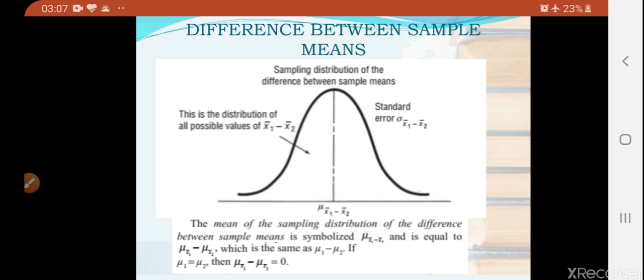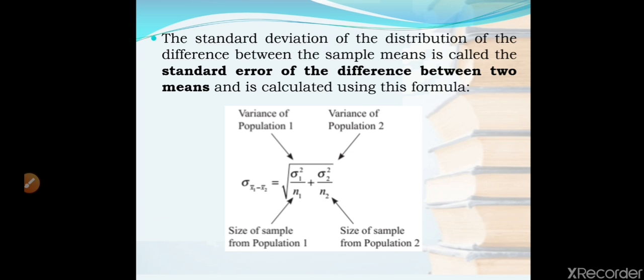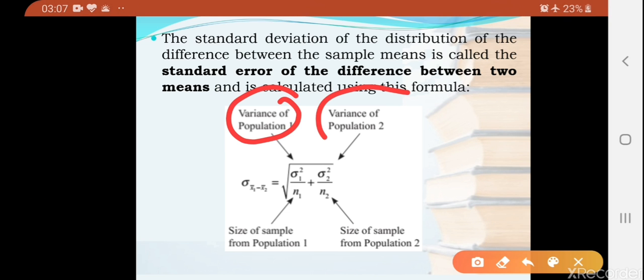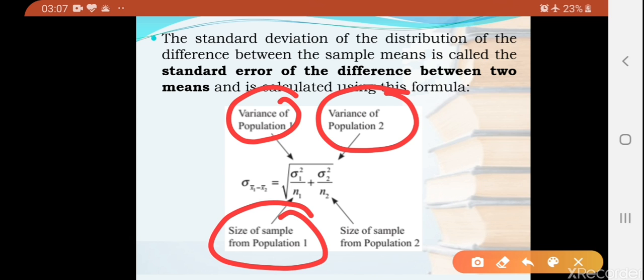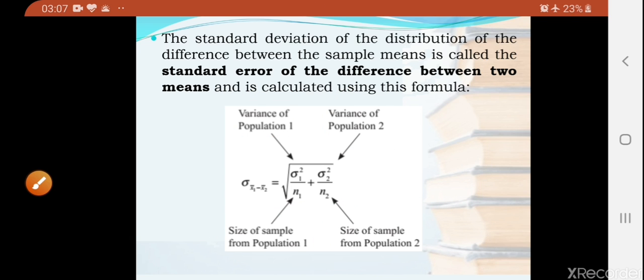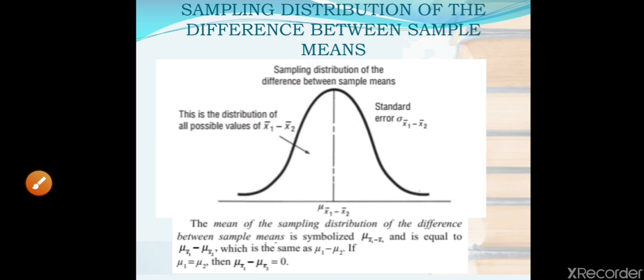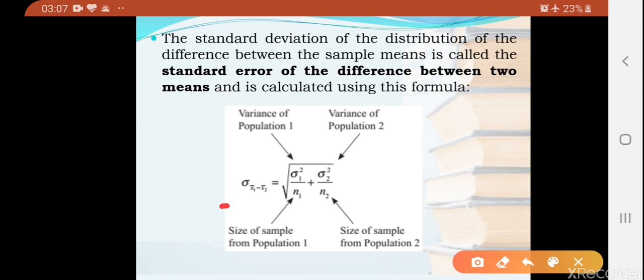The standard deviation of the distribution of the difference between the sample means is called the standard error of the difference between two means. As we know the variance of population 1 and variance of population 2, and the sample size of population 1 and sample size of population 2, we can find the value of the standard error of the difference between two means.